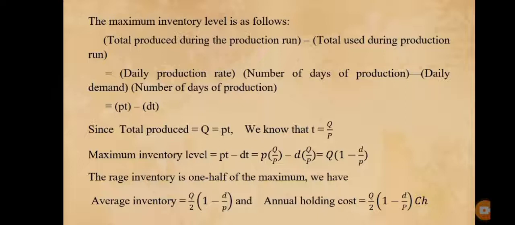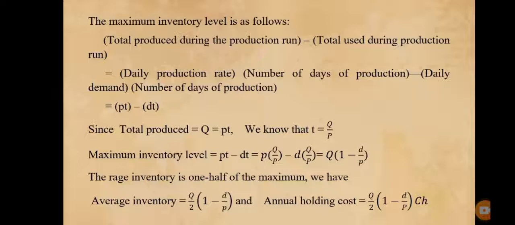For the total produced during the production run, we will have the daily production rate times the number of days of production. Then to get the total used during the production run, we have daily demand times the number of days of production. So the formula will be PT minus DT.